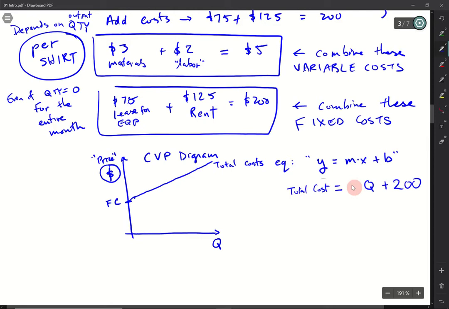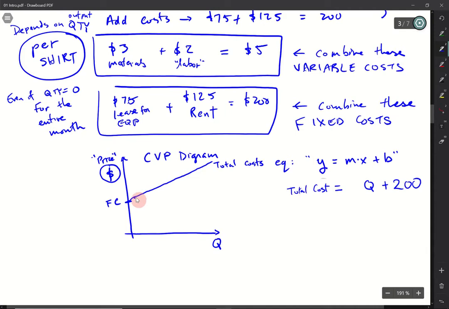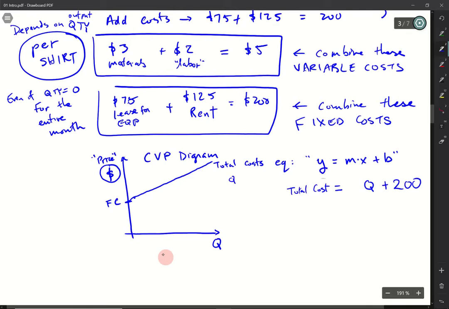If we sold 1 shirt, we're going to have 205, right? So let's see, total costs. If we have Q and we have total costs, if Q is 0, it's 200. If we have 1, it's 205. If we have 2, it's 210.